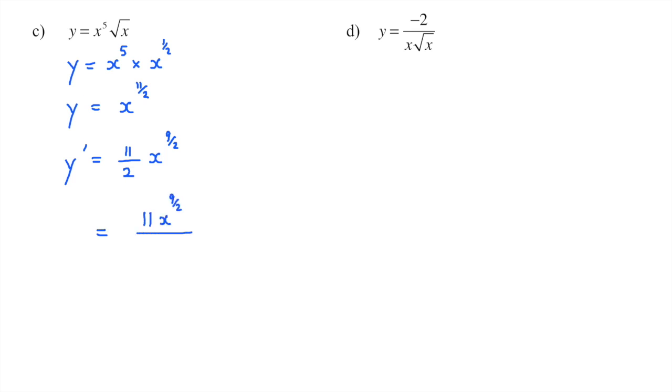I don't move that to the bottom because it's already a positive power, but I could put it back into its surd form. And remember, when you look at the fraction 9 over 2, 2 is on the seat, so I could put a 2 there, and then it's to the power of 9 because that's on the top. That's your final answer. Bit messy, but that's the way it is.